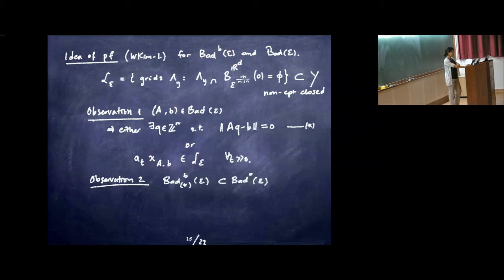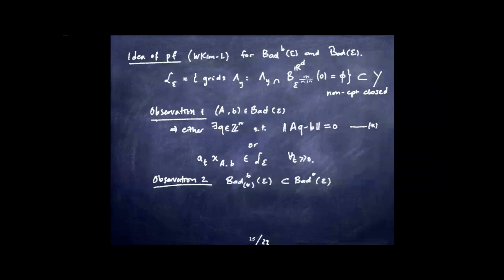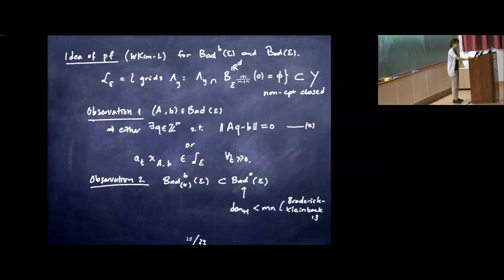The second observation is that if star is true, if you're in this bad set for B, so the left-hand side is a set of matrices, and there is some Q for which star is true, then you can reduce to the homogeneous Diophantine approximation. And for that, we know that the Hausdorff dimension is not full.